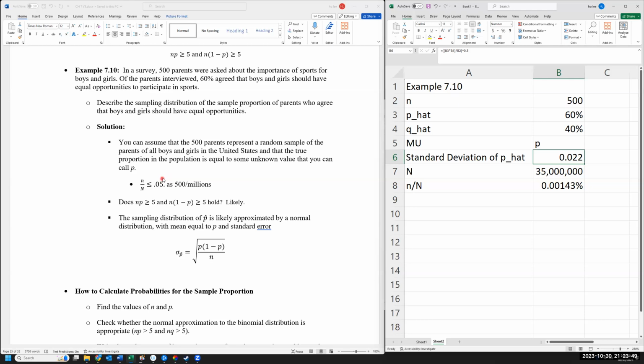We could probably safely drop the finite population correction term, and we could use this formula, but we don't know what P is, we don't know what Q is, so we can't calculate the standard error, but I calculated for you an approximation using P hat and Q hat, okay?